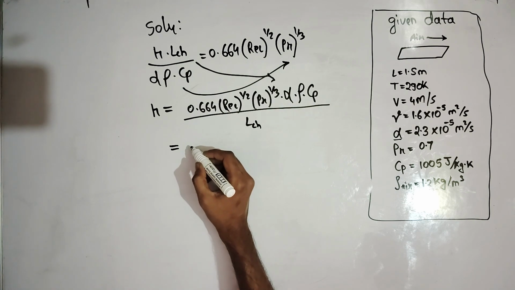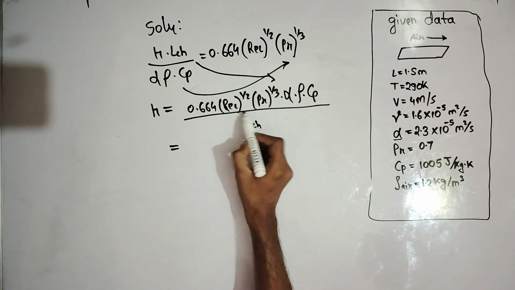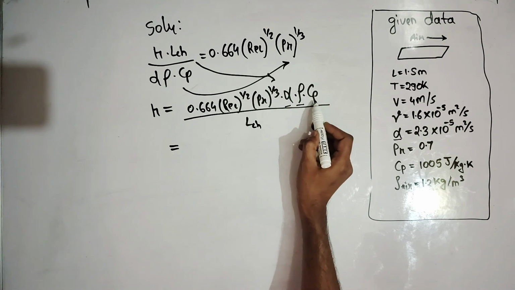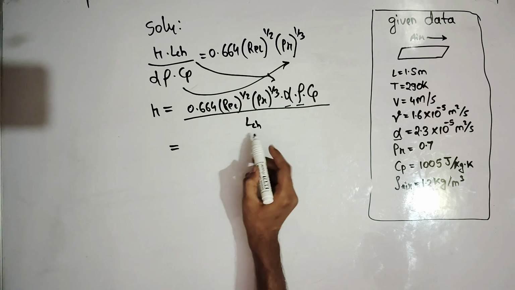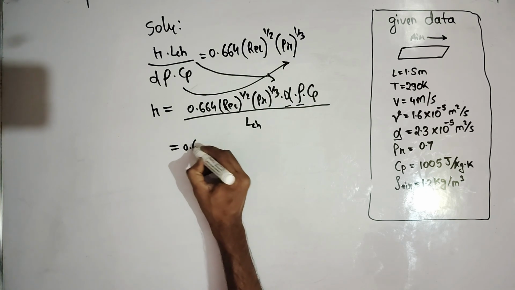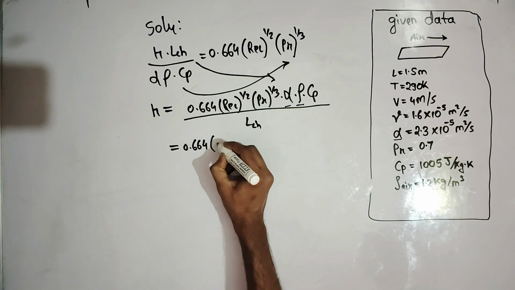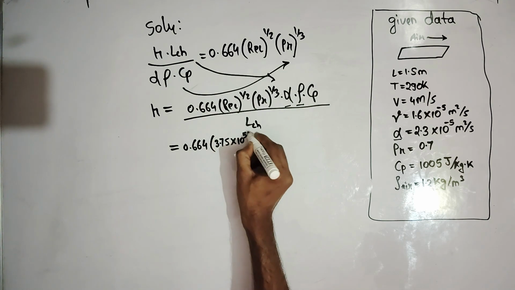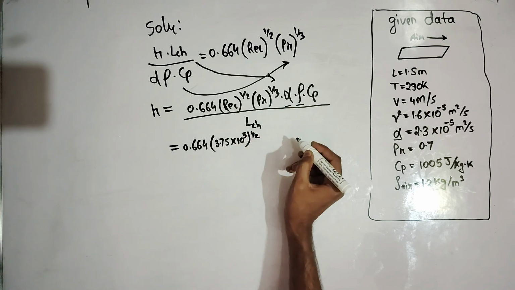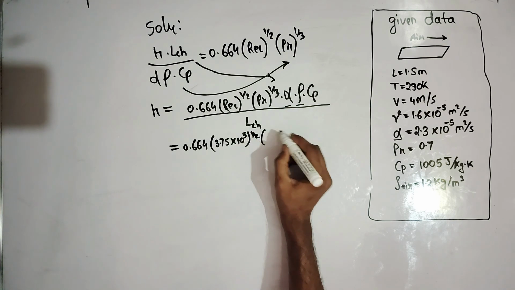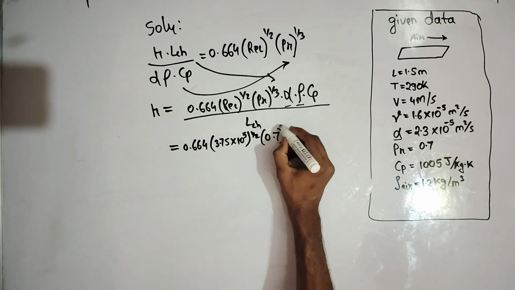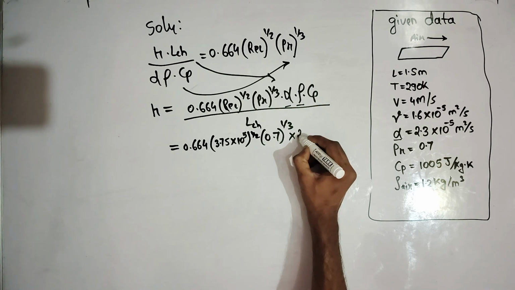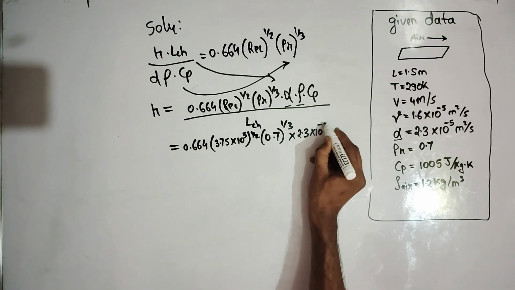Now we will substitute the values of Reynolds number, Prandtl number, thermal diffusivity, density, heat capacity, and length, which is 0.664 into 3.75 into 10 raised to power 5 to the power 1 by 2. In Prandtl number, we have 0.7 to the power 1 by 3 into 2.3 into 10 raised to power minus 5.